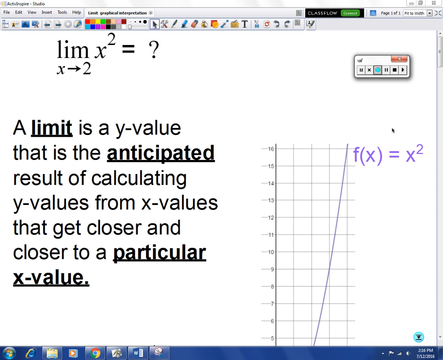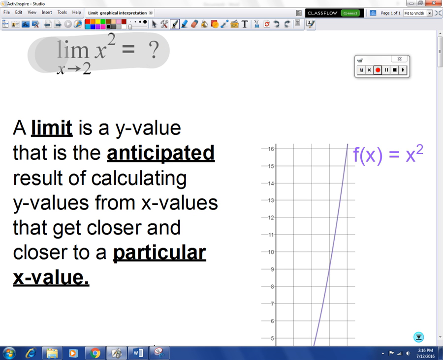In this video, I'm going to explain and demonstrate the idea of a limit. What you see in front of you is a definition, which I'll explain in a minute, and this kind of thing which you might not be familiar with. That's an example of a limit.